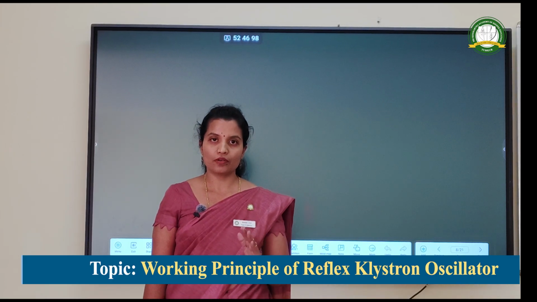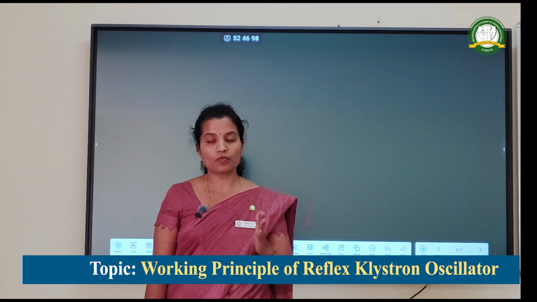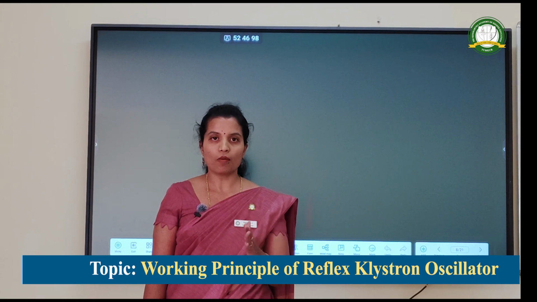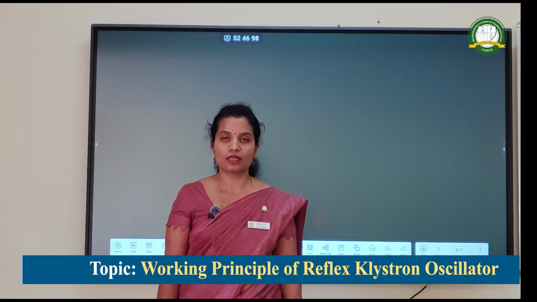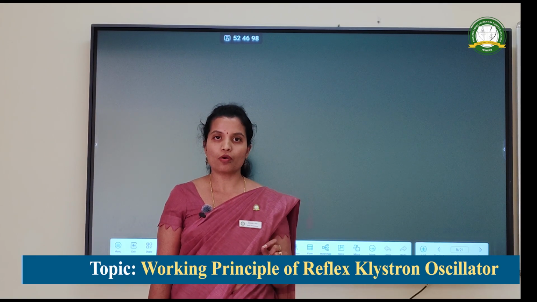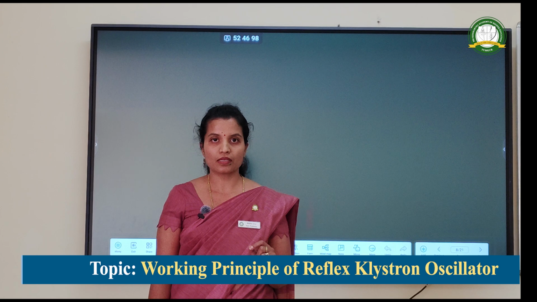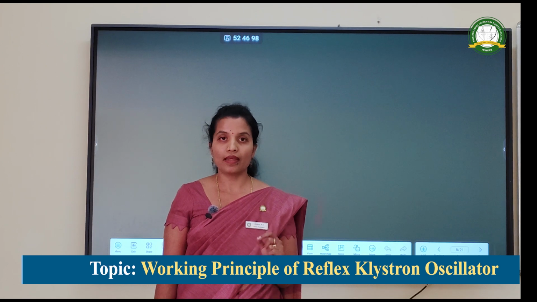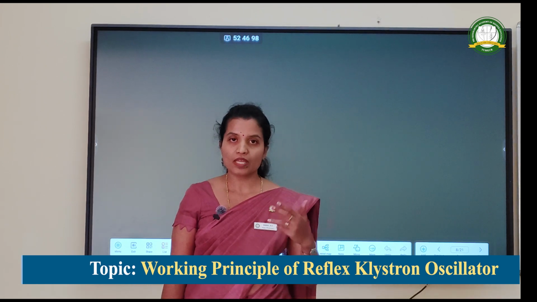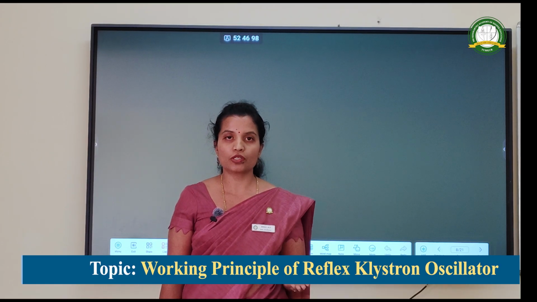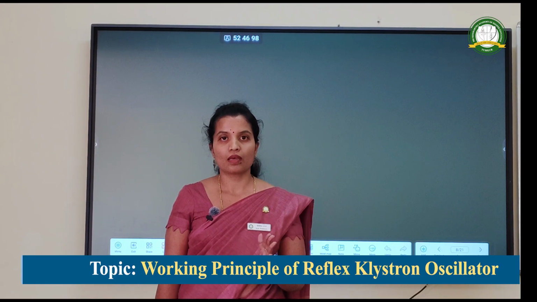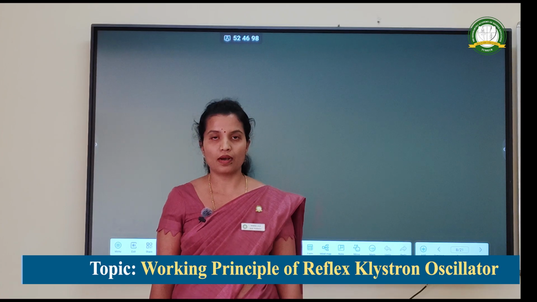When conventional electronic devices are used to produce frequencies beyond 1 gigahertz, their operation will differ because of three main parameters: inter-electrode capacitance, lead inductance and electron transit time. So these three parameters will widely change when the frequency goes beyond 1 gigahertz.